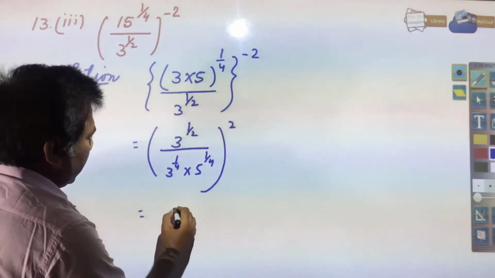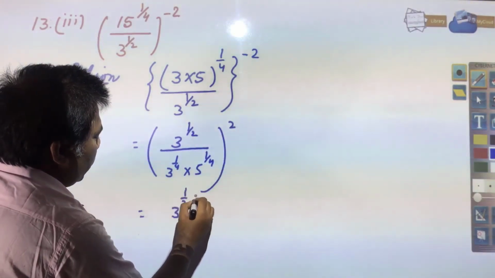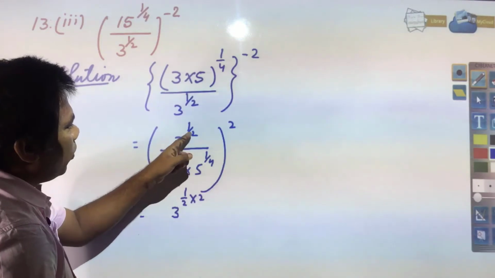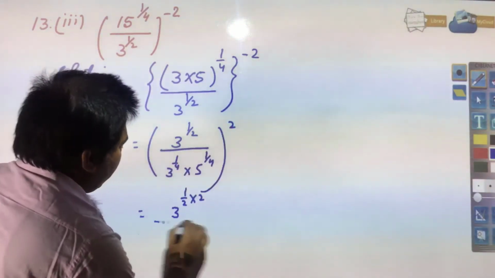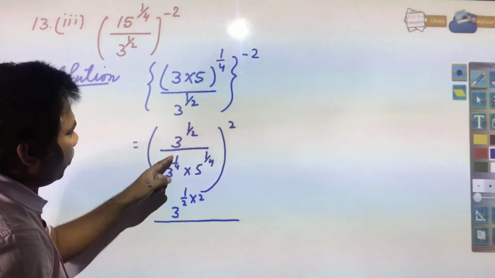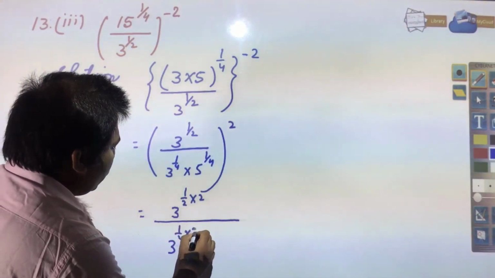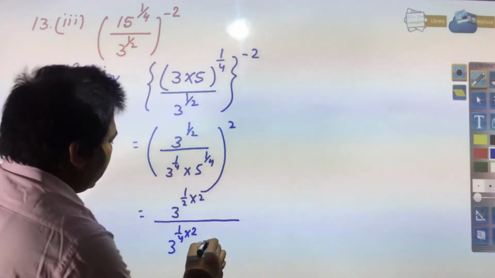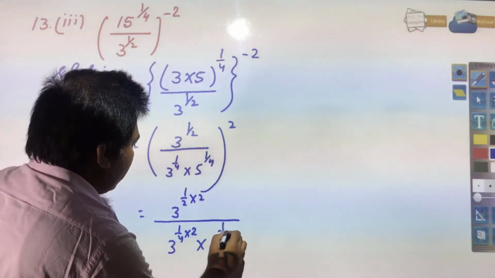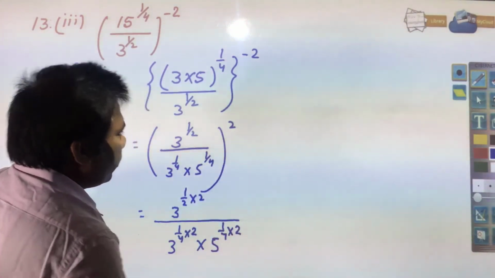And here you can write 3 to the power 1 by 2 into 2 divided by 3 to the power 1 by 4 into 2 and 5 to the power 1 by 4 into 2.